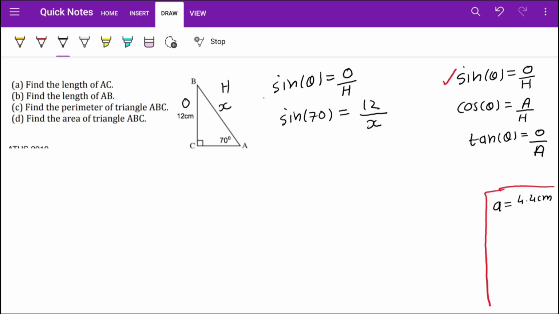So we want to make x the subject, so we times both sides by x. This cancels out, so we get x times sine 70 equals 12. So we divide both sides by sine 70.